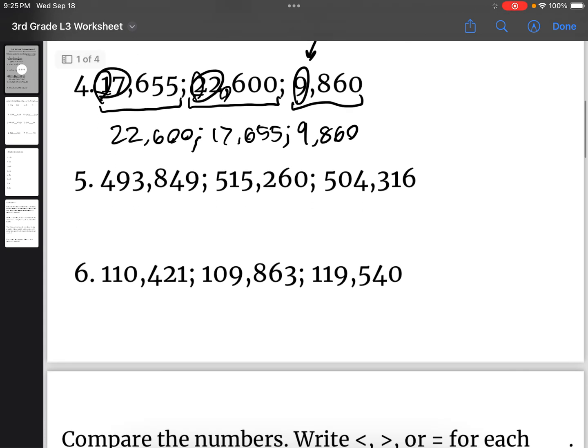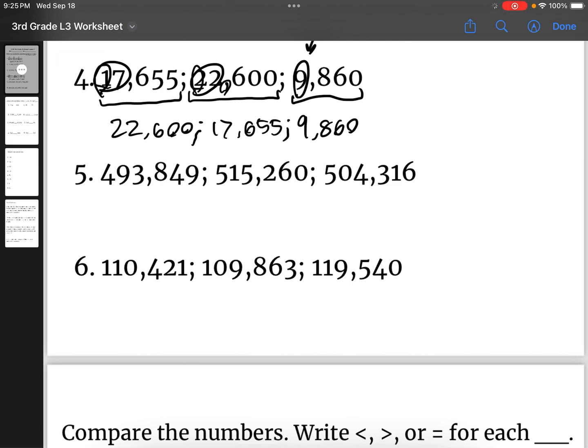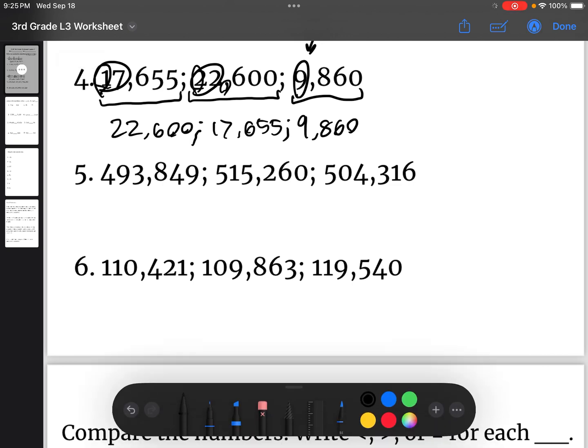So we'll just do one more quick one before we go to the next section. Let's take a look at number 6 here. We're going to look at the numbers in front of the comma. So this one is 110, this one's 109, and this one's 119, which means this one's the greatest, this one's the second greatest, and this one is the least. So let's write that down.